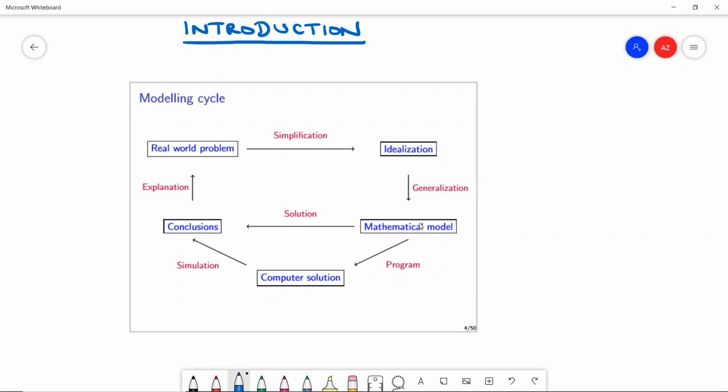So here we choose whether we will use a linear model or non-linear model, and there are a lot of linear models, a lot of non-linear models, a lot of dynamic models, and we should ask ourselves, was our choice correct? Or do we have to include other parameters or change our model?